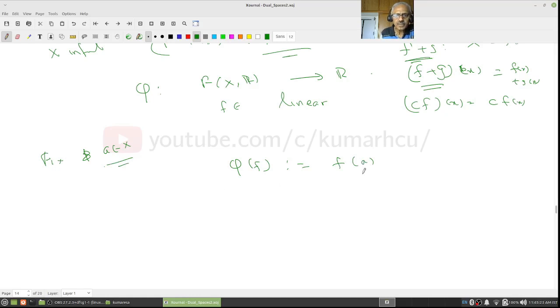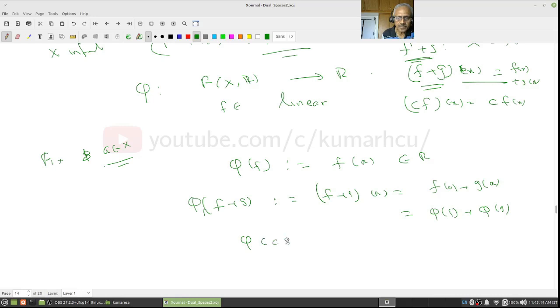Now f of a is a real number and it's linear, because phi of f plus g by definition is (f plus g) at a, but that, according to our definition, is f at a plus g at a, therefore it is phi of f plus phi of g. And similarly phi of cf is (cf) at a, but by definition that is c times f(a), which is c times phi of f.